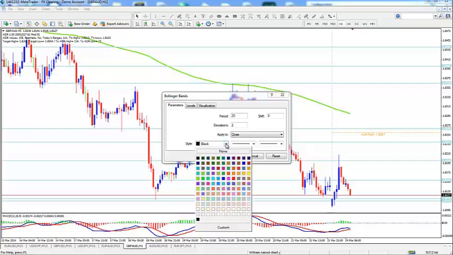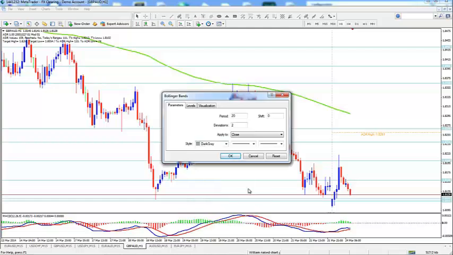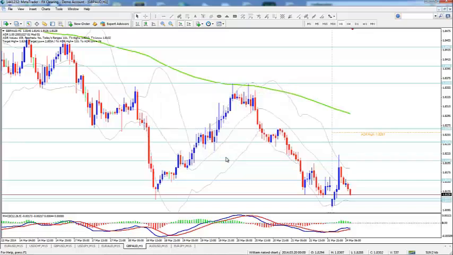I'm going to make it a light gray. I don't change any of the settings. It's 20, 0, and 2 are the settings. My levels, I'm not going to change anything, and I want to be able to visualize this in all time frames. After you do that, next thing you want to do is just hit OK. And now we have the Bollinger Bands on our trading chart.